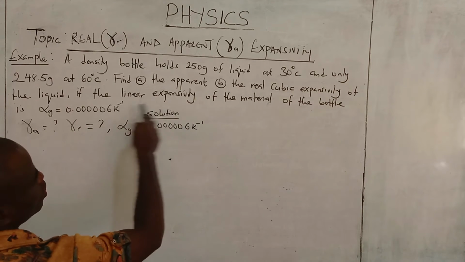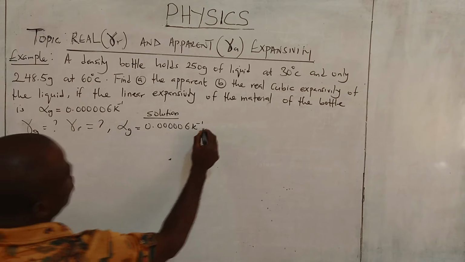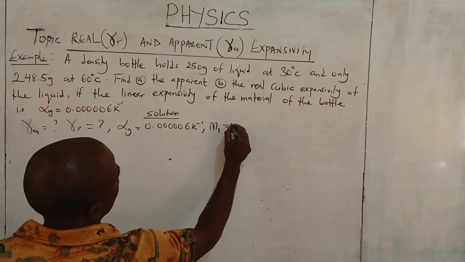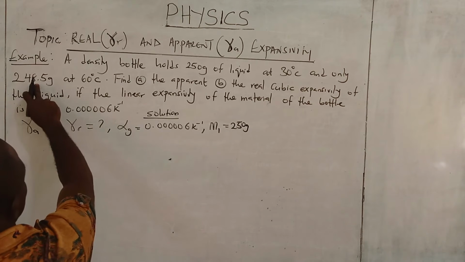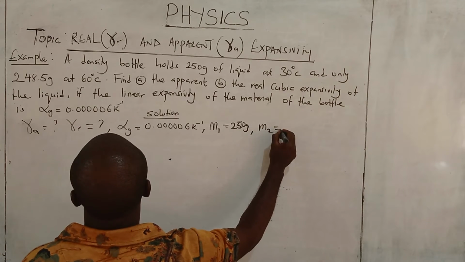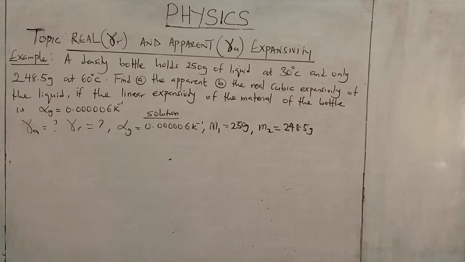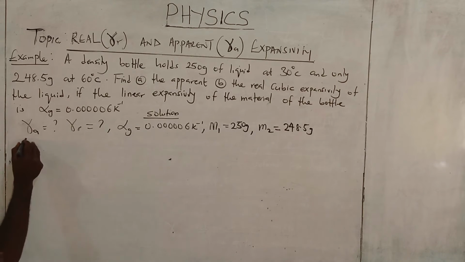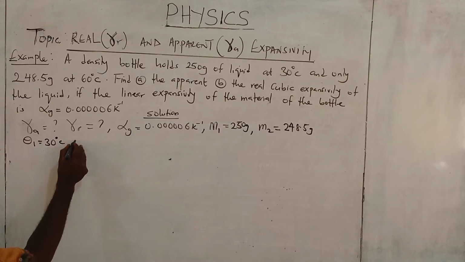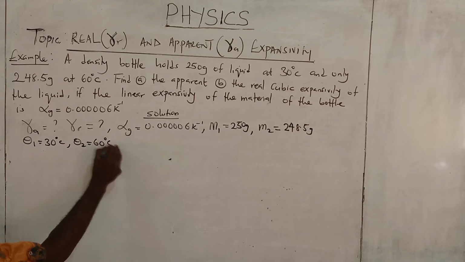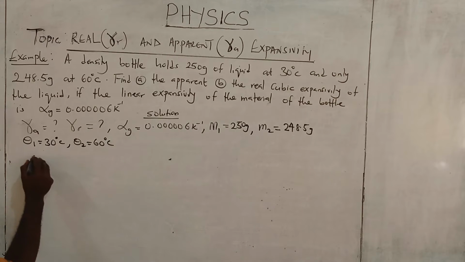If the linear expansivity of the material is this, and the density bottle holds a mass M1 of 250 gram, and the mass M2 equals 248.5 gram, and the temperature theta 1 is 30 degrees centigrade, and theta 2 is 60 degrees centigrade.